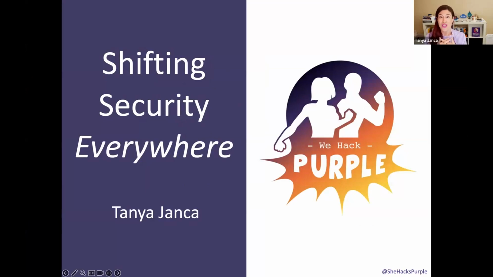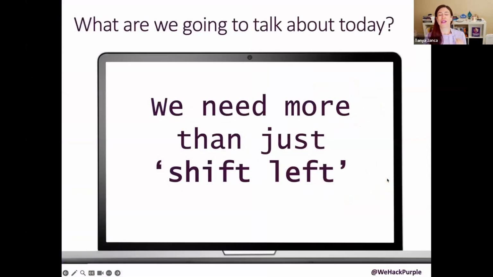Okay, so I'm Tanya Janca, and I want to talk today about shifting security everywhere. And I'm going to explain what that means, and I'm going to get into a whole bunch of stuff. But let me say what we're going to talk about today. So we're going to talk about what the heck shifting security left means and how we need more than just that.